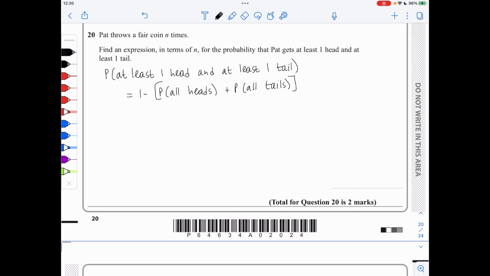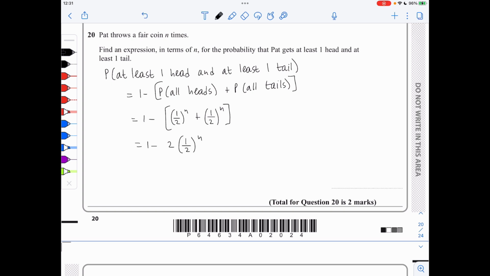Now the probability of getting all heads is a half to the n, because each throw has a probability of a half of resulting in heads, and similarly a half to the n for everything being tails. Now I've got addition of a half to the n plus a half to the n, so it's 1 minus 2 times a half to the n.